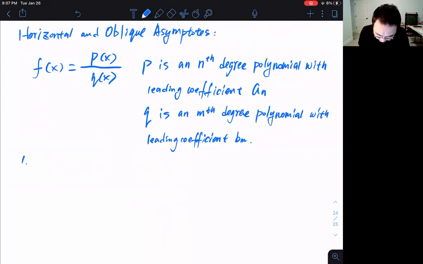One is if n is less than m. That means the highest power of x in your numerator is less than the highest power in the denominator.